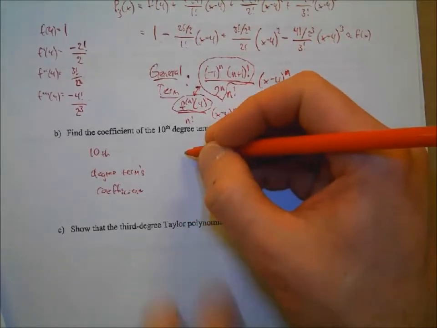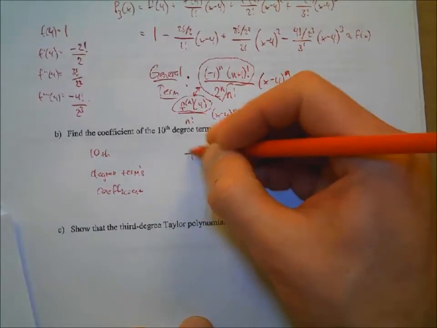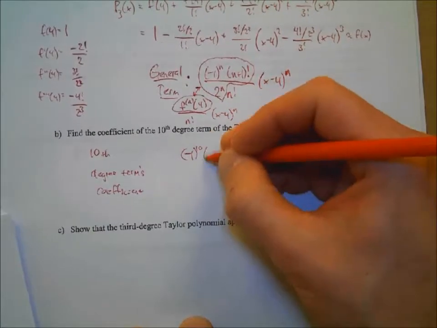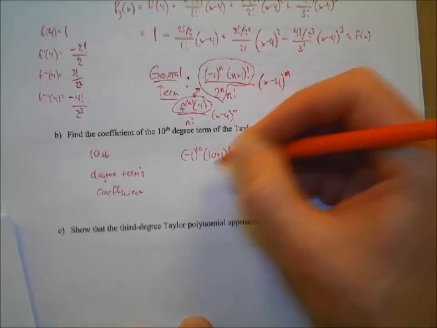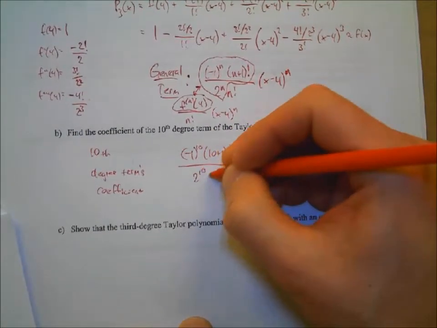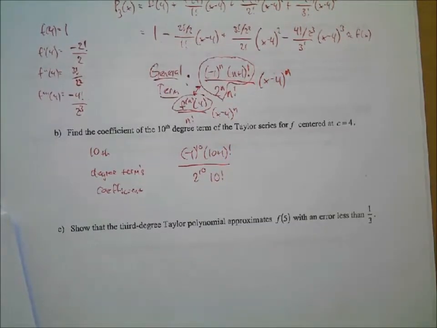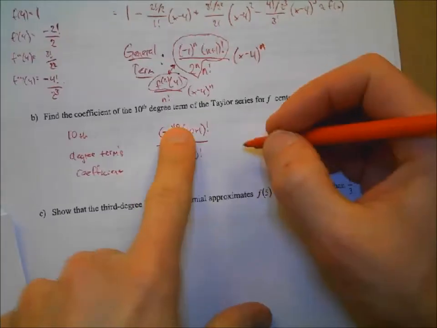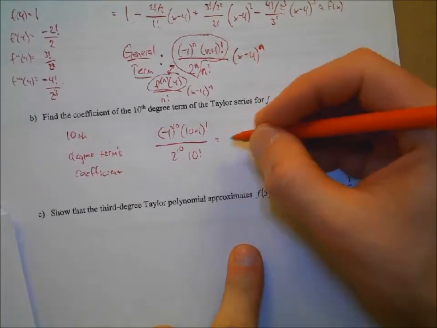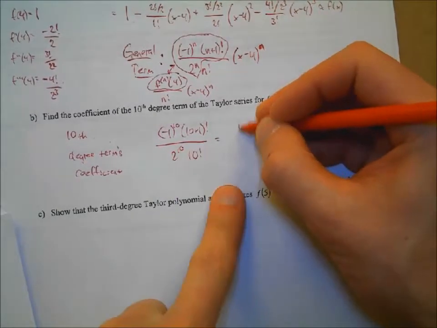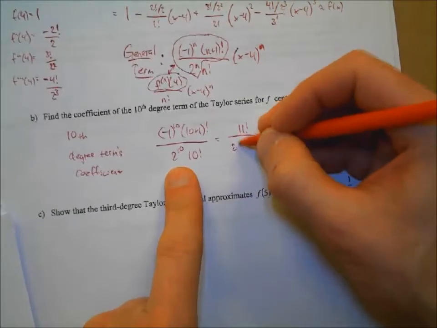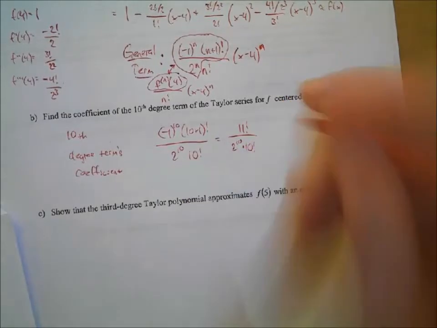So we're just going to use negative 1 to the 10th, 10 plus 1 factorial over 2 to the 10th, and then 10 factorial times 10 factorial there on the bottom. Negative 1 to the 10th will be what? Positive 1. And so 10 plus 1 is 11 factorial over 2 to the 10th times 10 factorial.